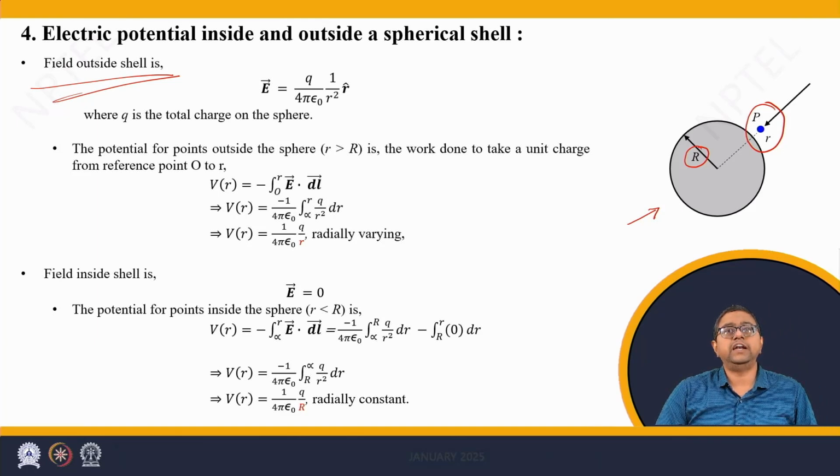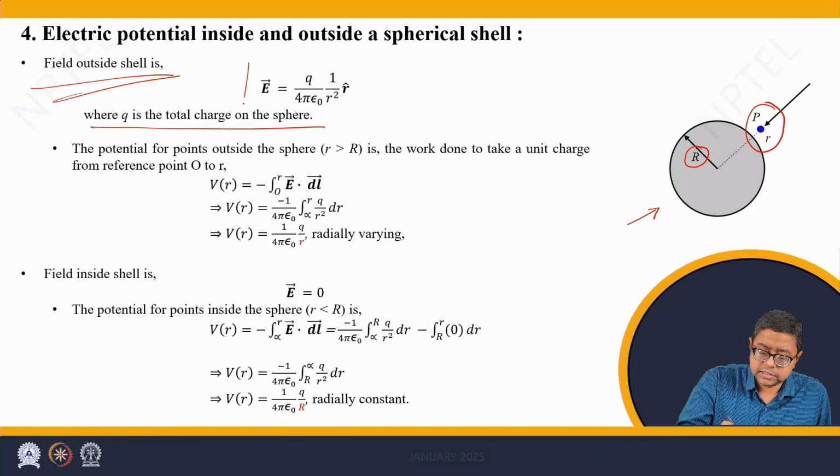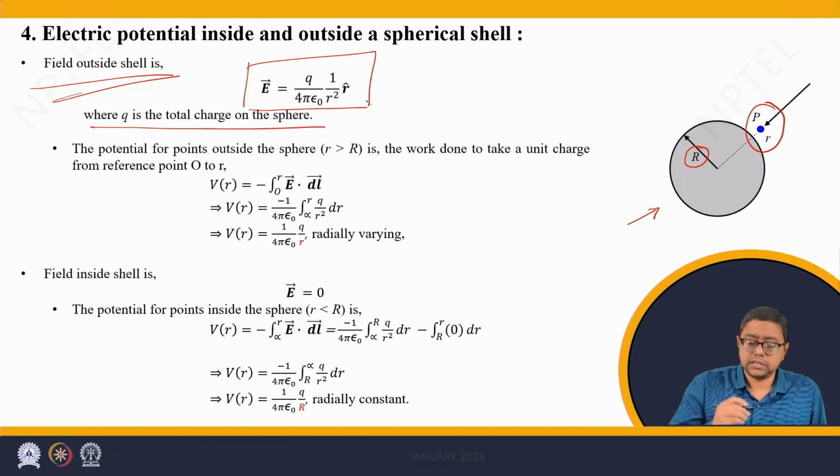The electric field is given by Q by 4 pi epsilon 1 by R square. This is because the electric field expression has been obtained for a charge distribution as E equals 1 by 4 pi epsilon integral dq by R square.